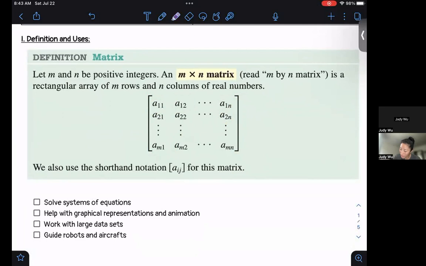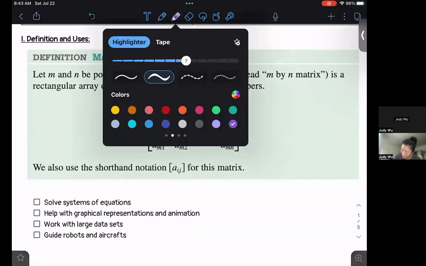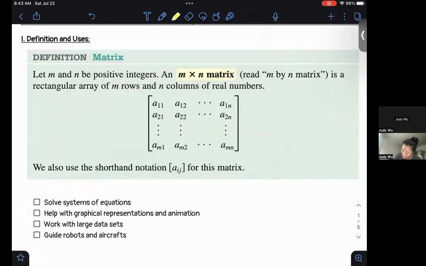The way we describe the size of a matrix is we choose the M, and M talks about the number of rows, so 1, 2, all the way down to M rows. The rows are the ones that go across.